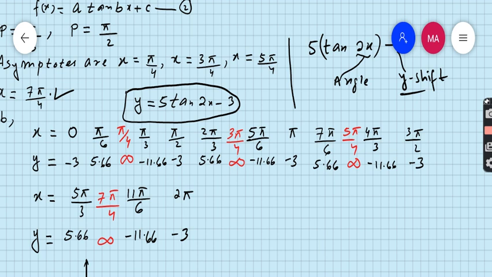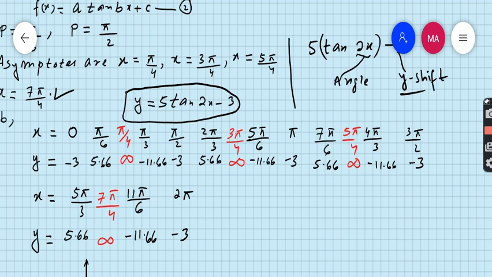Now, coming to the asymptotes. Your first asymptote, which you can see on the screen, is pi by 4. Pi by 4 is the midpoint of pi by 6 and pi by 3. You can check. The next asymptote is 3 pi by 4, which is the midpoint of 2 pi by 3 and 5 pi by 6, and I mention it with a red pen.